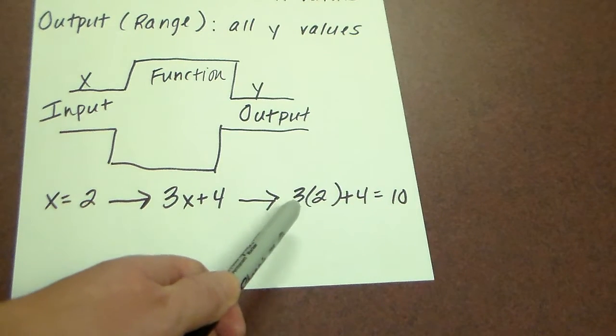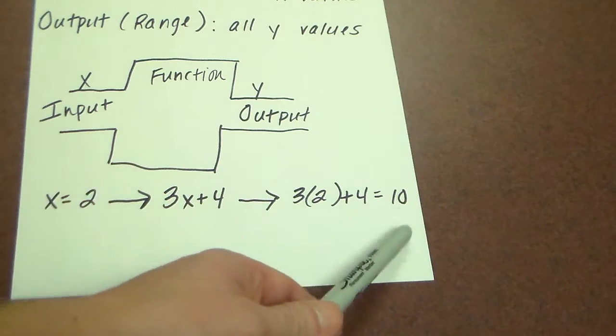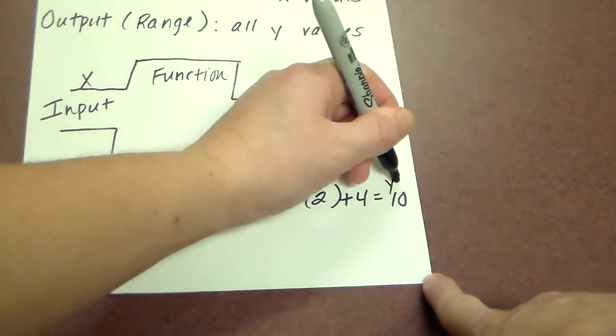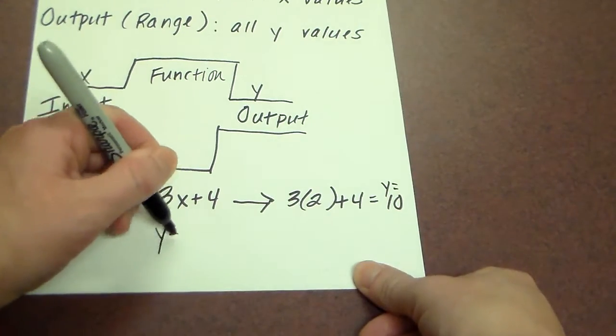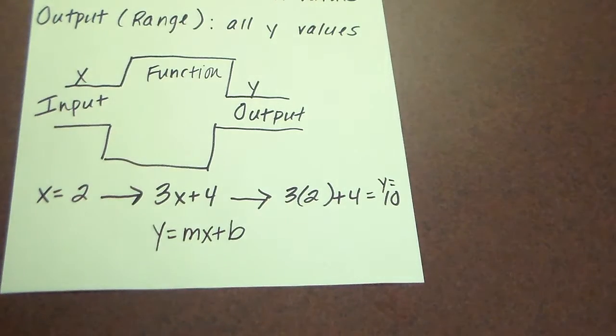So once I plug that in, it becomes 3 times 2 plus 4, and my output then would be 10, or in this case, y equals 10, since we're dealing with linear equations, slope-intercept form. And just a reminder, this is our slope-intercept form.